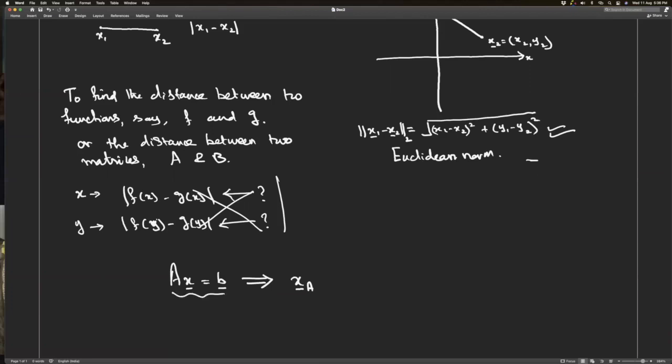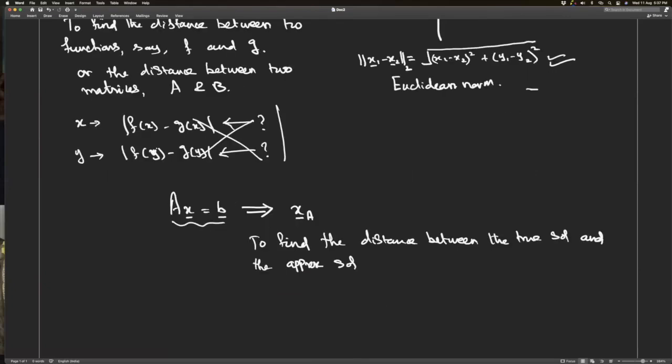What you naturally have to do is to find the distance between the true solution, let us denote it by xt, and the approximate solution xa. As long as they are in Rn, we can use our tool, the Euclidean formula, to find this distance.